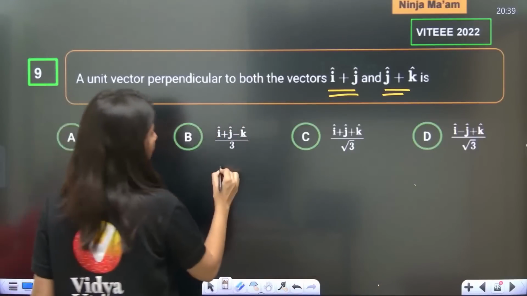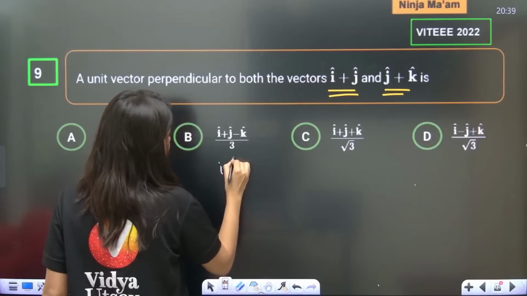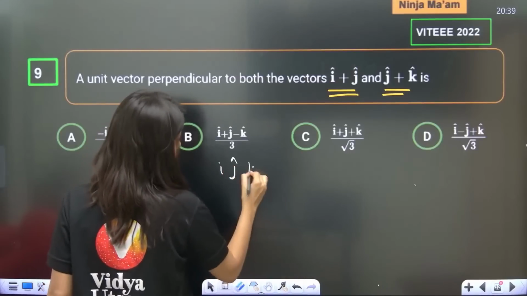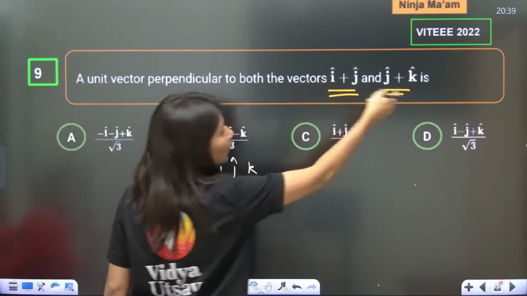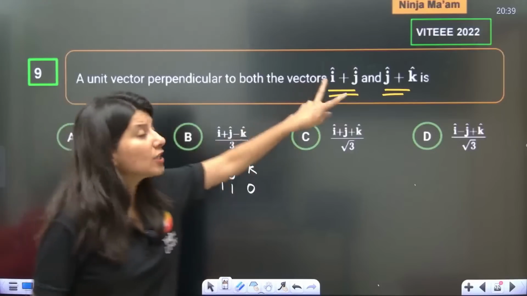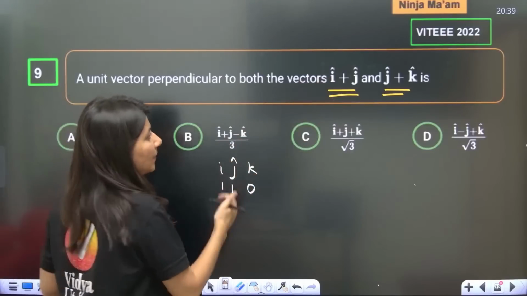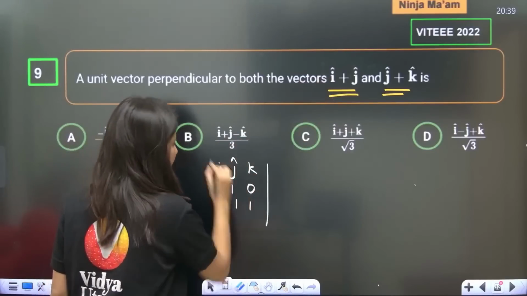So, I cross J, I plus J. See, I, J, K. I am trying to make the cross product. The unit vector perpendicular to these two vectors will be equal to the cross product between them. So, I plus J, and this is 0, 1, 1.